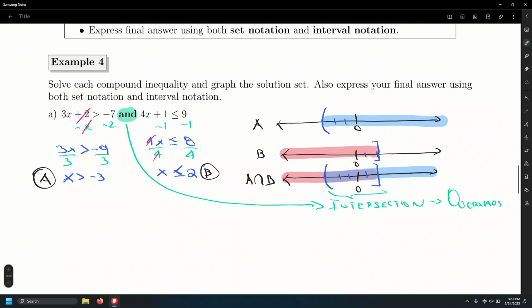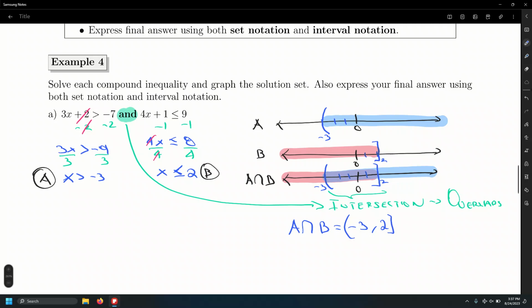And well, let's describe that using interval notation. So let's write down the numbers to make it easy to see. So that's -3. That's a 2. So that's from -3 to 2. And then A intersection with B, that'll be -3 to 2, brackets for 2, parentheses for -3.